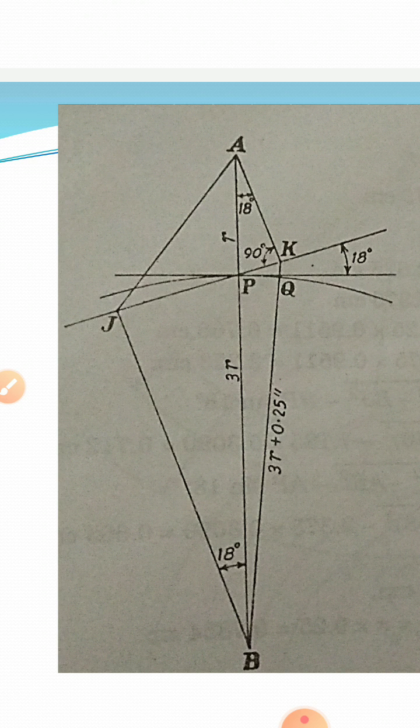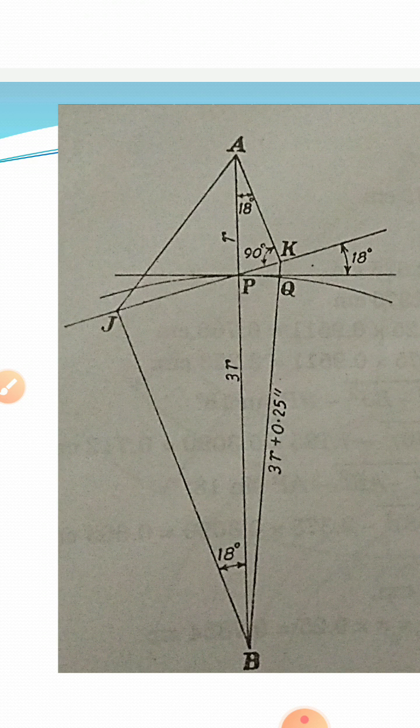With this condition, we obtain this JK length. And this JK is tangent to both the base circles of the wheels.